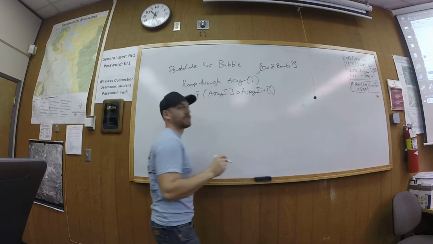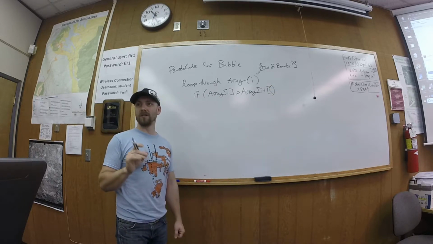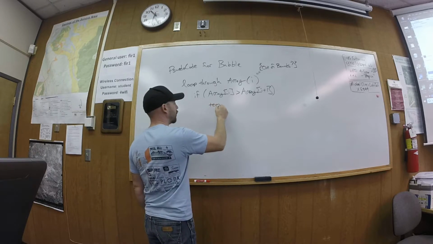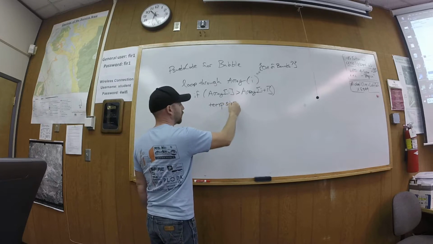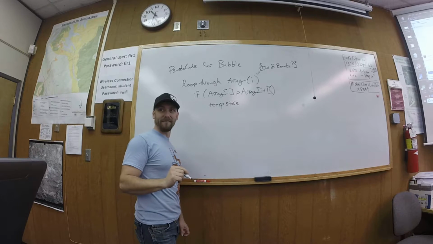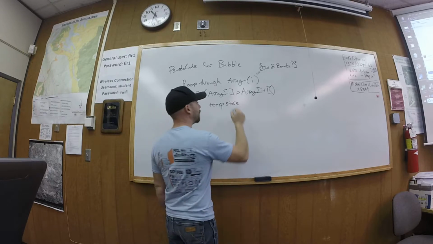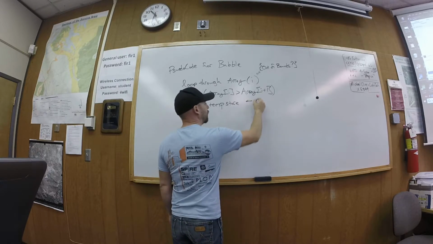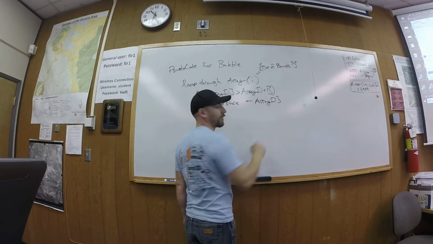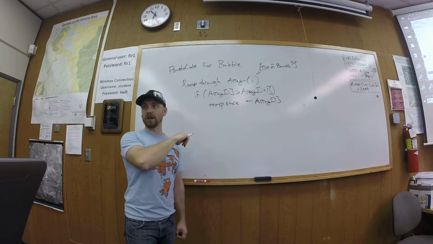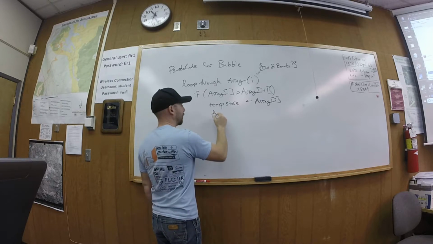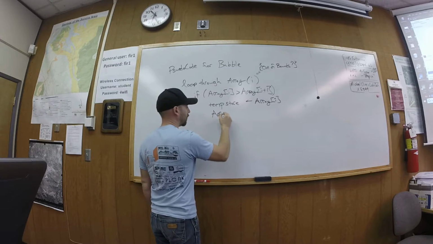If it is, then you want to make temporary storage integer. Temporary storage integer is equal to array I. So force array I, the thing you're looking at, into your storage, and then array I equals array I plus 1.